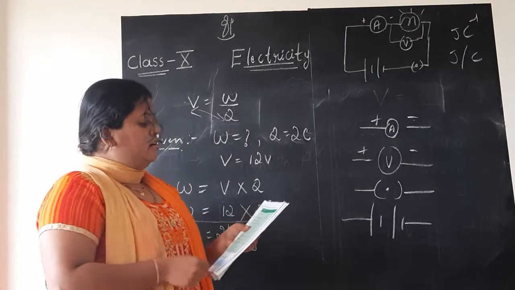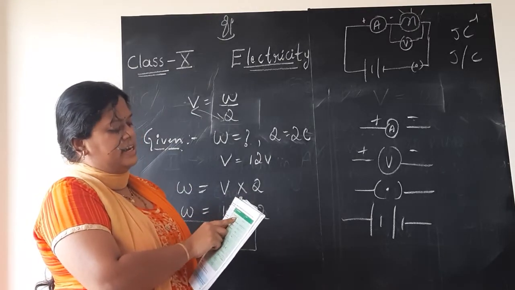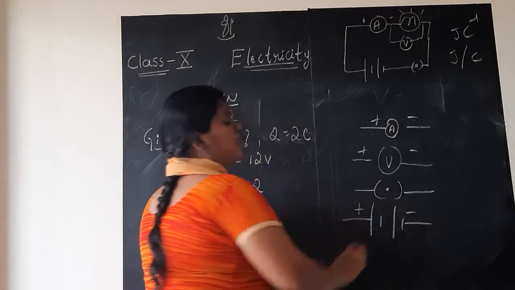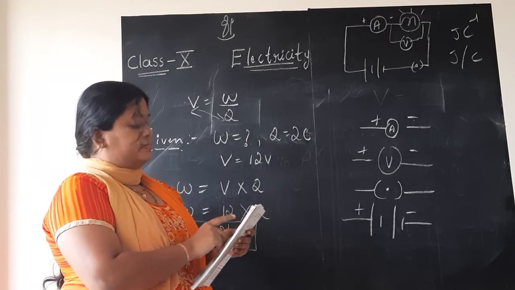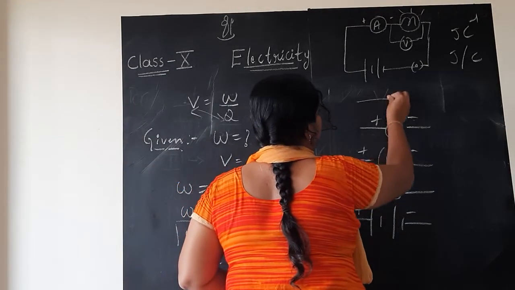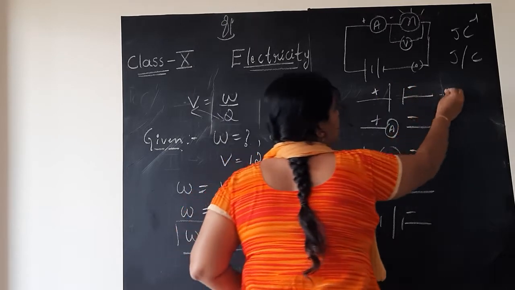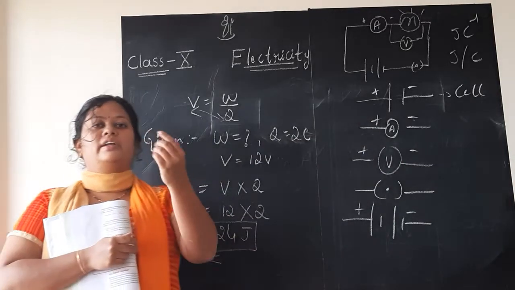Along with that, let us study quickly and revise. An electric cell or a battery is represented like this, with 1 positive and 1 negative. If you write only one positive and one negative like this, then you call it a cell, which you use in science exhibitions.